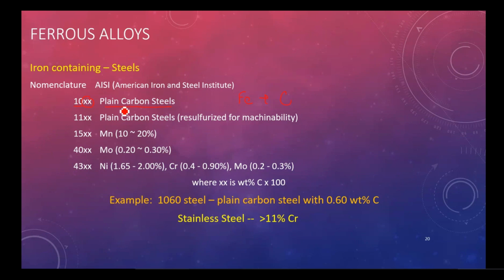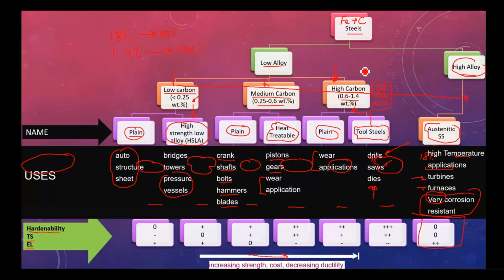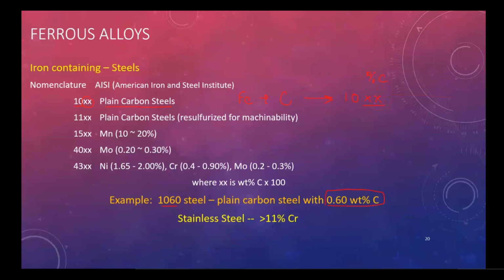So if you have to represent a plain carbon steel, you'll represent by 10, and there would be two digits next to it. The next two digits would represent the percentage of carbon. For example, 1060 means the percentage of carbon is 0.60, and 0.60 falls in the high carbon category.